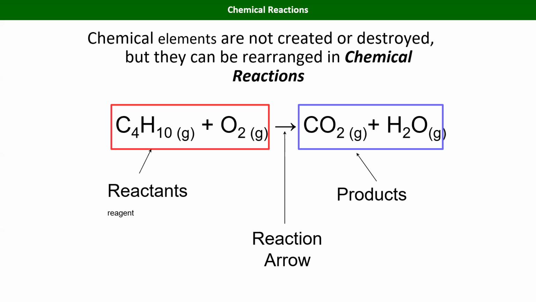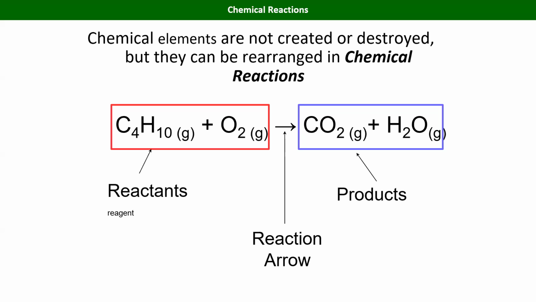The terms we use: whatever we make is called a product, which makes a lot of sense. You produced it. Product is what you make. The reaction arrow is basically there to separate the before from the after. Everything to the left of the reaction arrow is what you started with. Everything to the right is what you made.